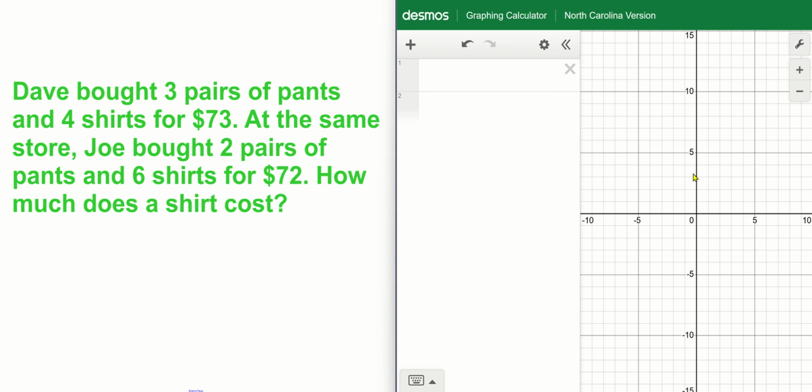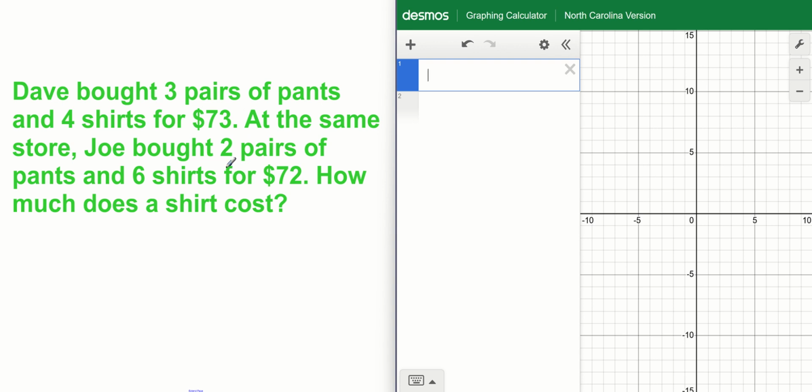Sarah E., what do you have? $7 is correct. All right, so Dave bought 3 pairs of pants and 4 shirts for $73. With Desmos, we have to use X and Y.